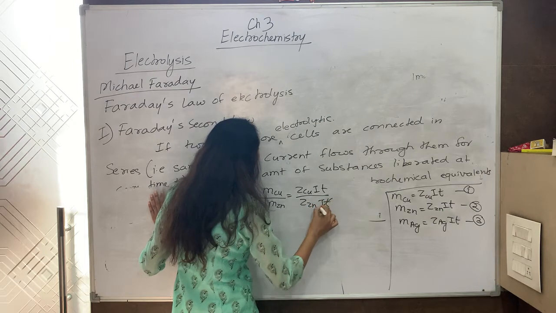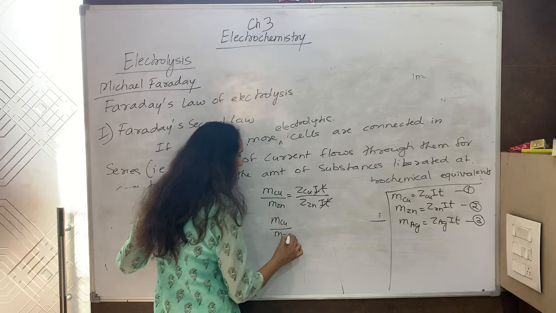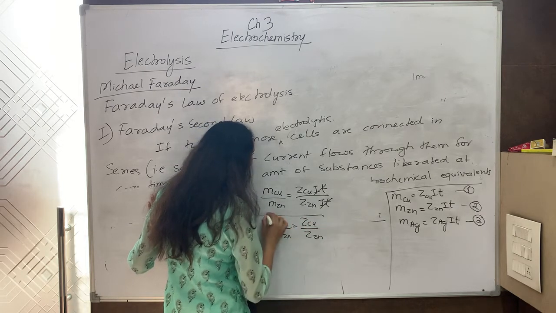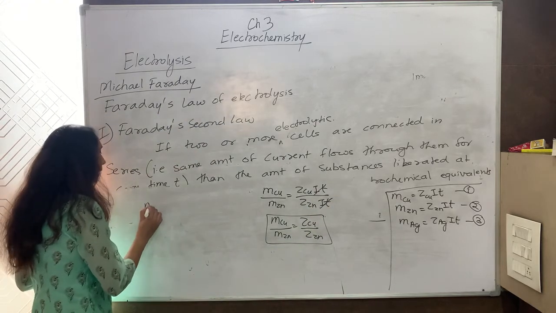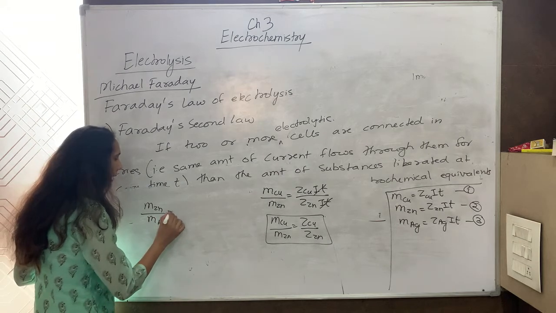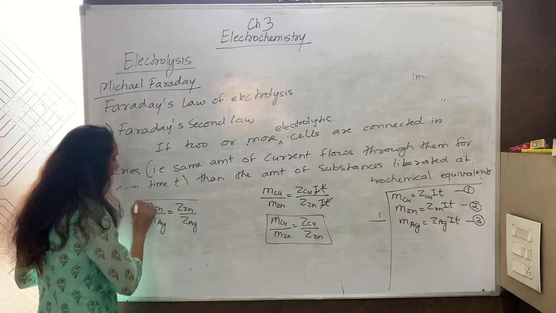And you can see I t will cancel, and the masses deposited are in the ratio of their electrochemical equivalence. I can also divide second by third, the mass of zinc upon mass of silver is equal to Z of zinc upon Z of silver. I t will get cancelled.